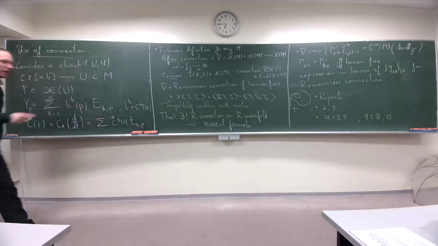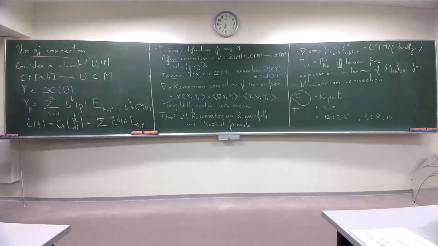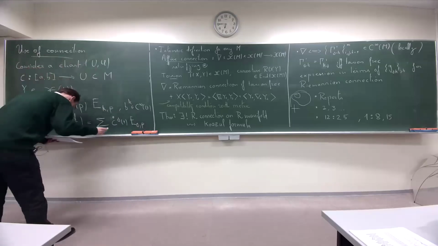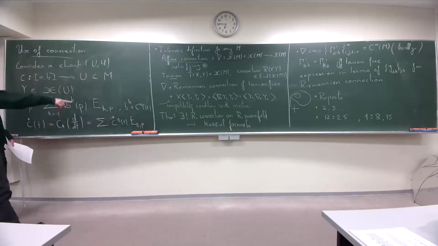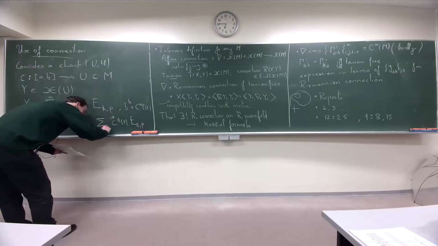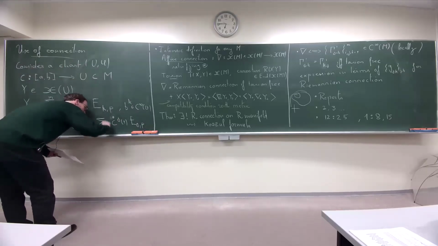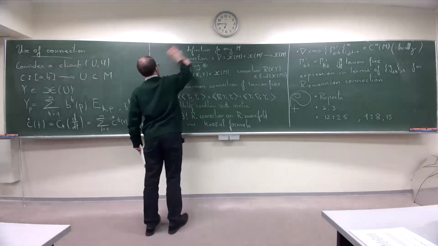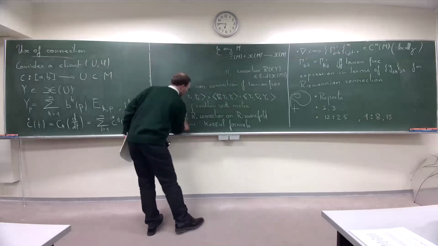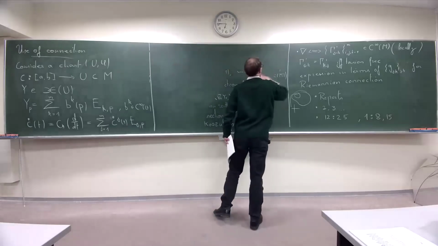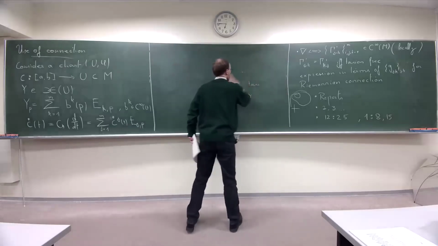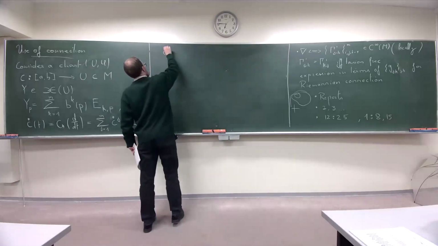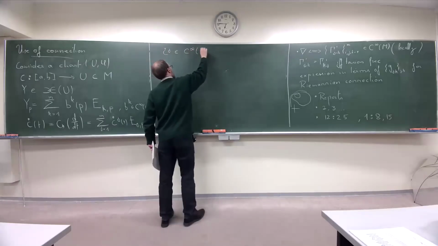Because it's a tangent vector, the derivative of the parametric curve is a tangent vector, so it can be decomposed on the same basis, and I call the coefficients c dot j of t, with a sum j from 1 to m. And for information, c_j now is a smooth function defined on the interval [a,b]. These components are smooth functions on part of R. So c dot j are smooth functions on [a,b].